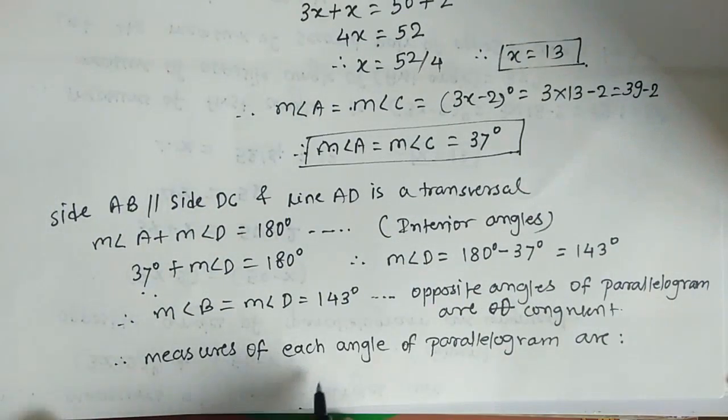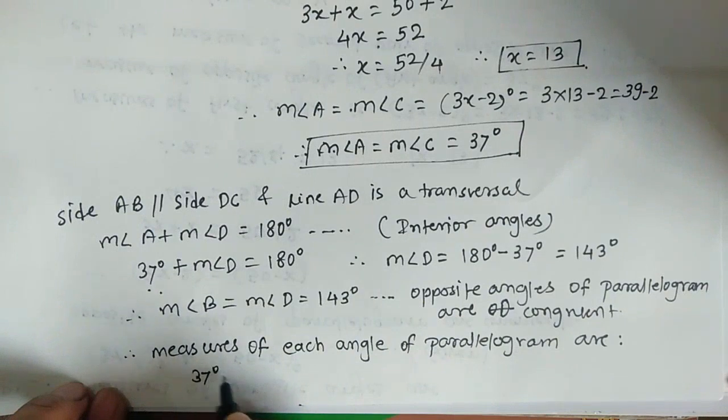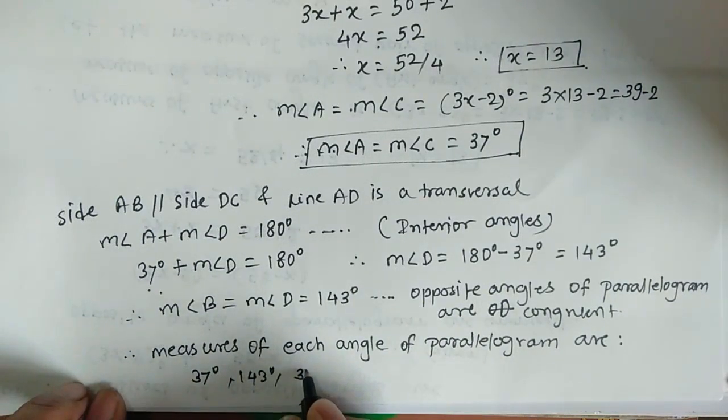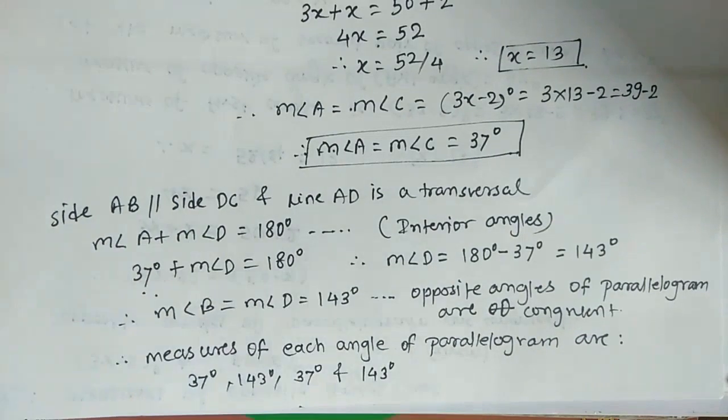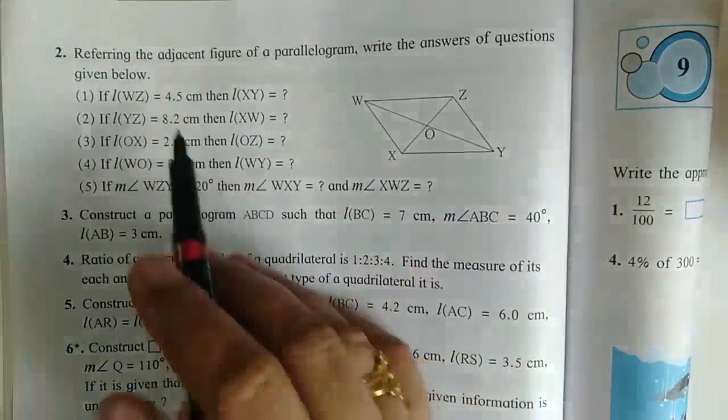So therefore measures of each angle of parallelogram are 37 degree, 143 degree, 37 degree and 143 degree. Very simple. Now see the second question.